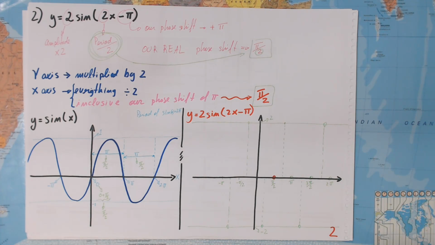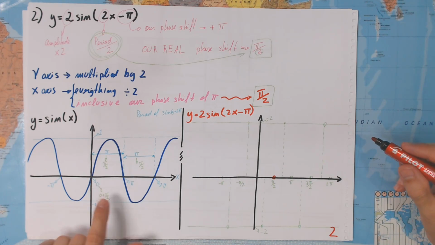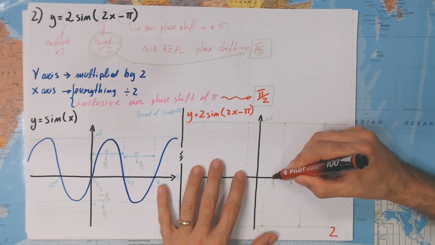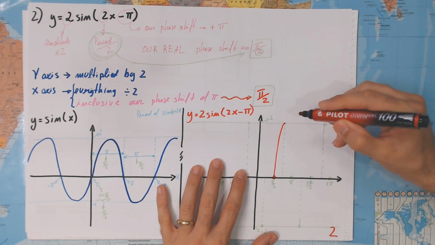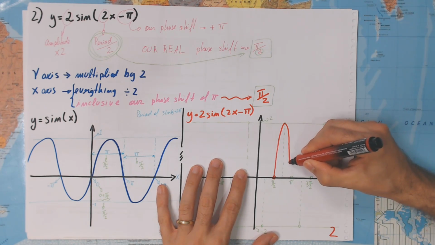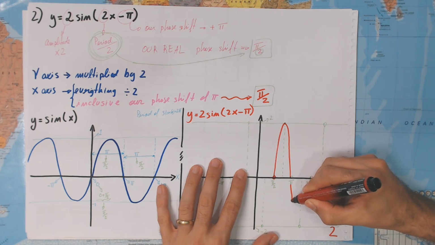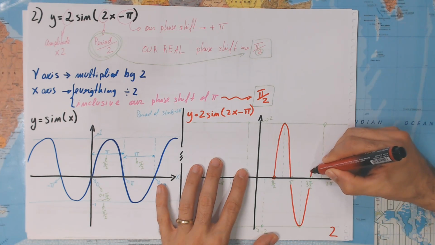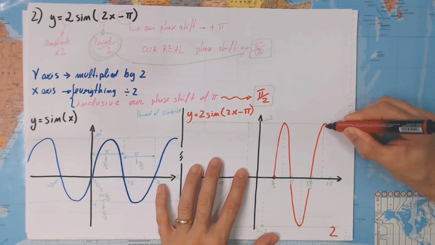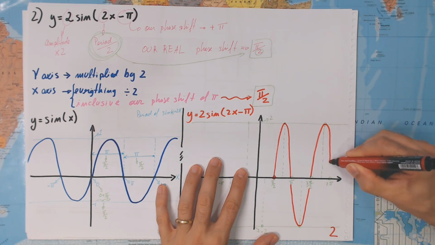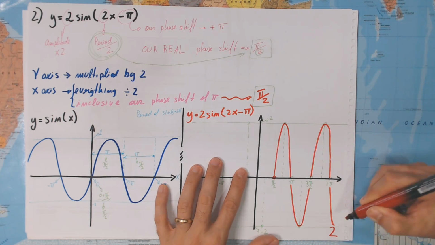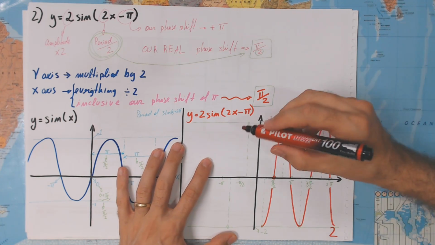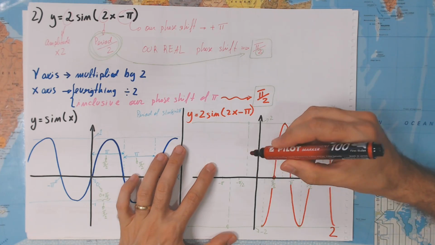Let's just plot it between this point and this point. We're going to have this. Taking the root again, it's going to pass right in here.